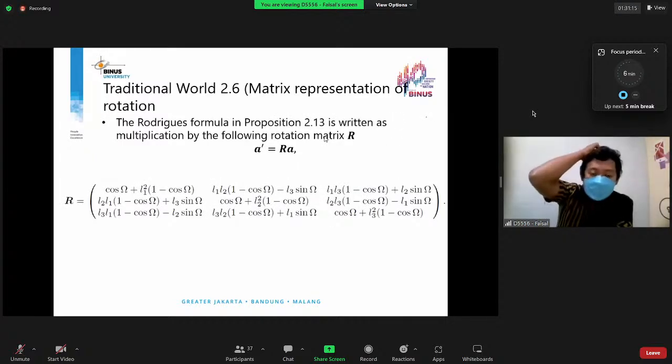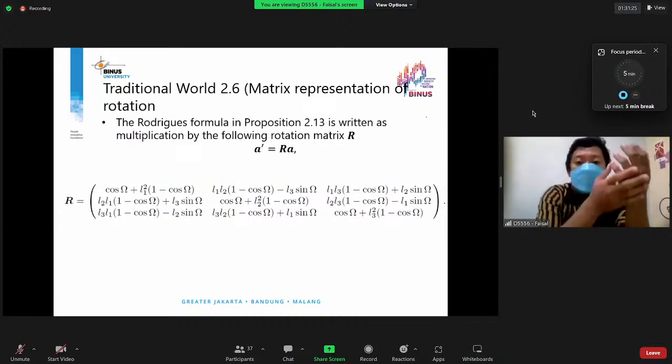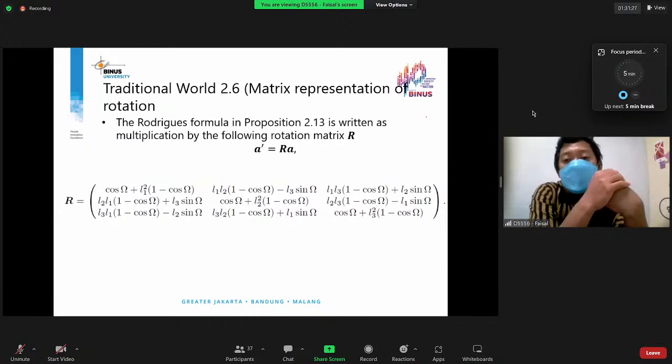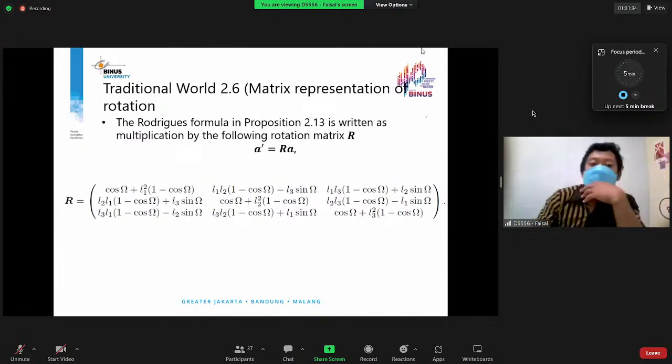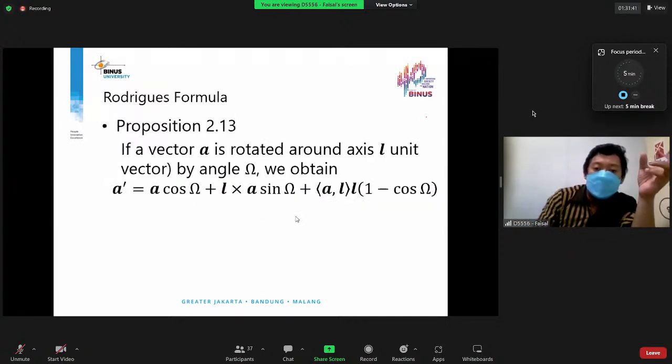OK, and rotation is also a linear mapping. It means a rotation is a multiplication of a vector with a matrix. And the question is, what is the matrix?